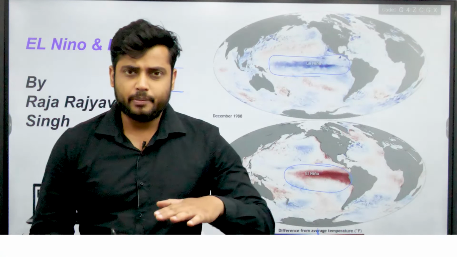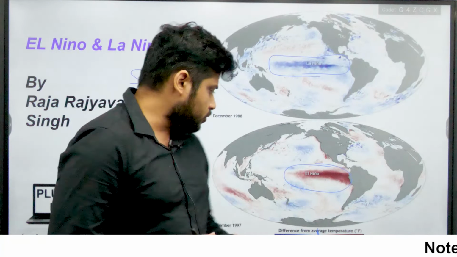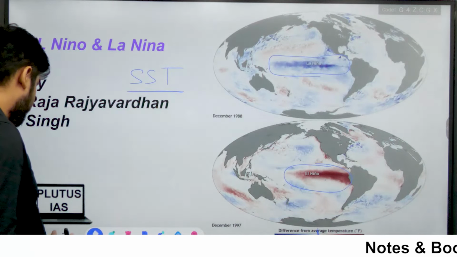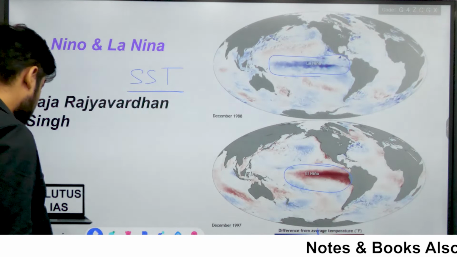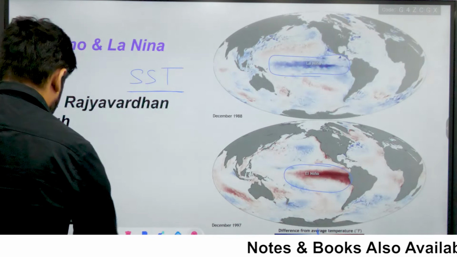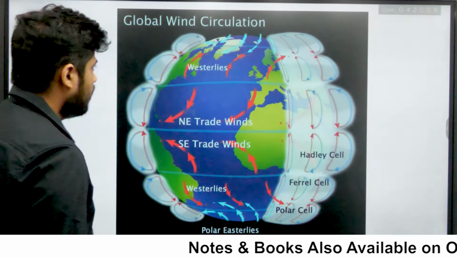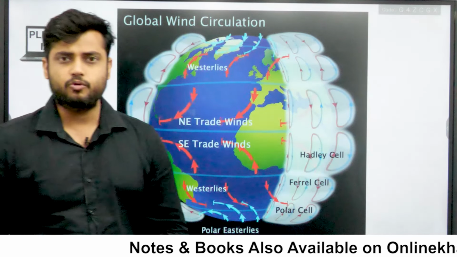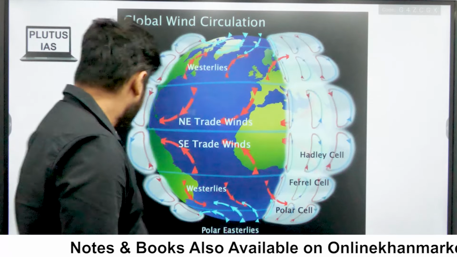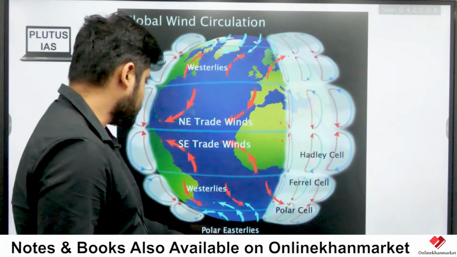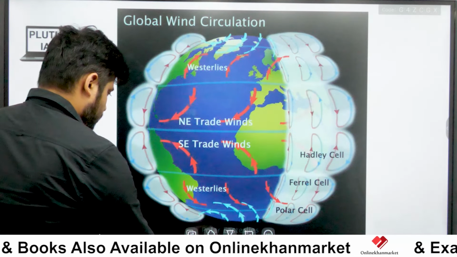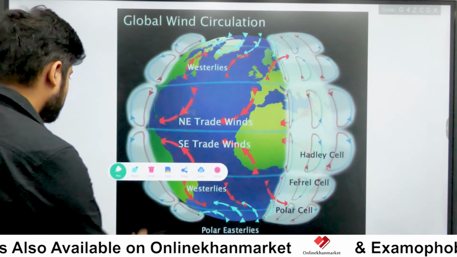The sea surface temperature rises above the average value in one case and decreases below the average value in the other. In order to understand this phenomenon in entirety, you must also know about the global wind circulation system. So let me tell you, this is the global wind circulation system. We have to understand a few things.